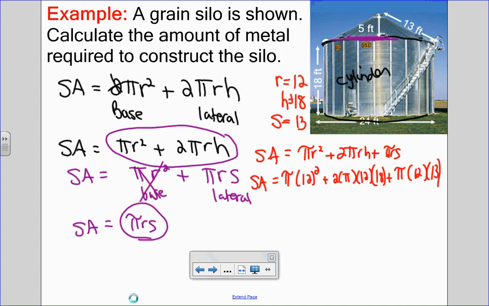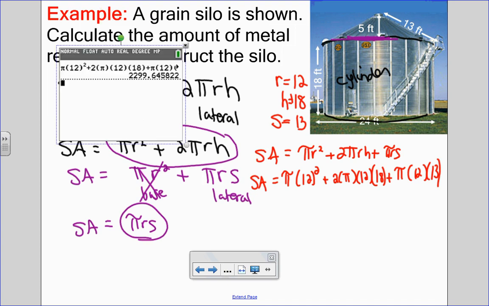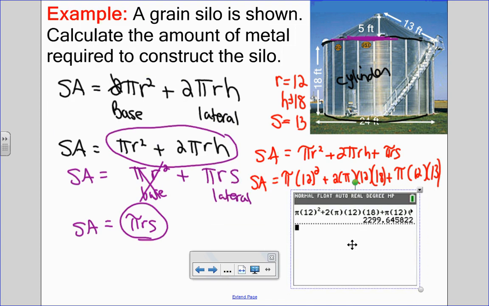Okay, so all together, putting that all into my calculator, I got that as my answer. So if I want to round this, I'm going to round it to the nearest whole number. It doesn't specify how to do it, but all my measurements are whole numbers. So I look at my whole number, my ones digit. I look to the right, which is a 6. That tells me to round it up. So it's 2,200, and I'm rounding the 9 up.